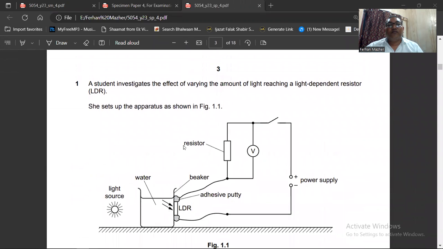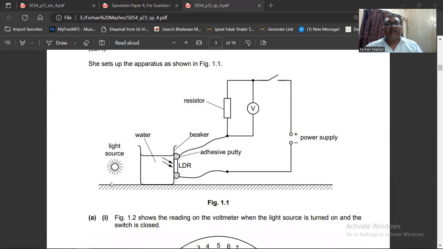So here we go. A student investigates the effect of varying the amount of light reaching a light-dependent resistor, LDR. She sets up the apparatus as shown in figure 1.1. Here you can see we have a resistor, a voltmeter, a power supply and switch, and we have connected it with the LDR.